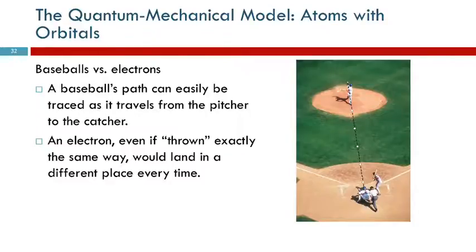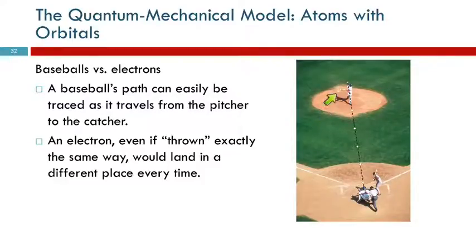So it is baseball season. We can compare electrons to baseballs. Baseballs obey what's called Newtonian physics. This is the sort of physics I like because it's relatively easy to understand. You throw a ball and you can predict where it's going to go, right?